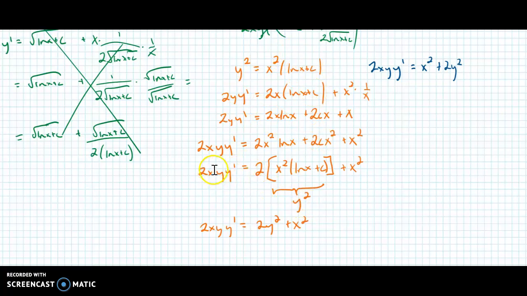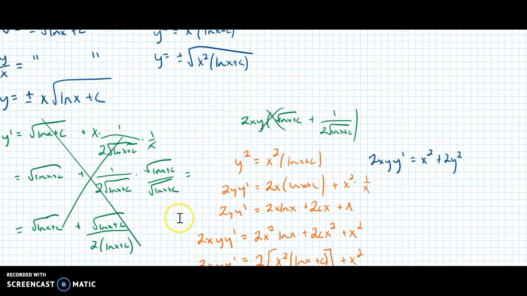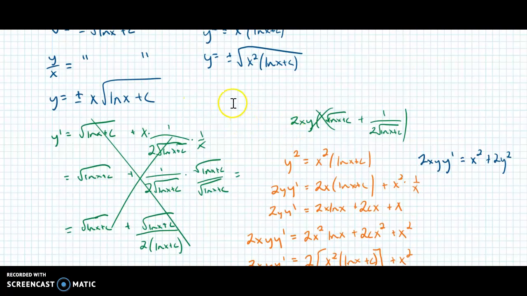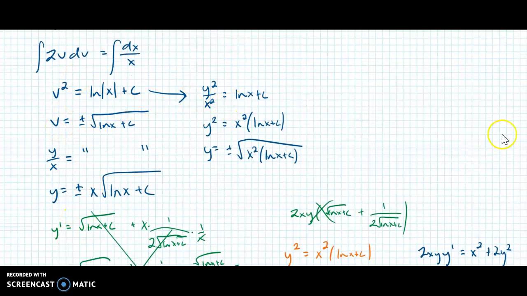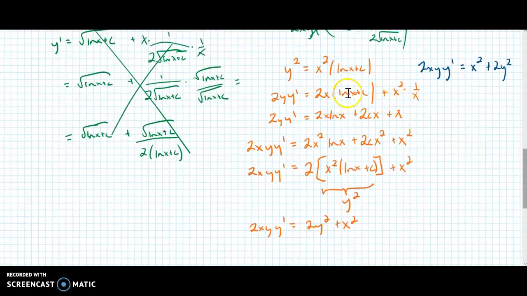So I can actually just replace that with a y squared, and boom, this line and that line, they're the same thing. So you should see that this, whatever it means, it doesn't really mean anything, but this here is the solution to that differential equation right there. So hopefully that makes sense, and I'm going to give you a couple more to do in 2 or 1 more videos.